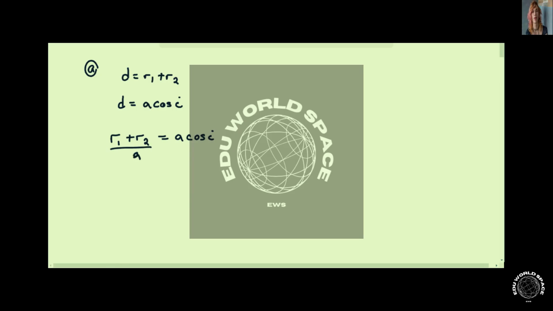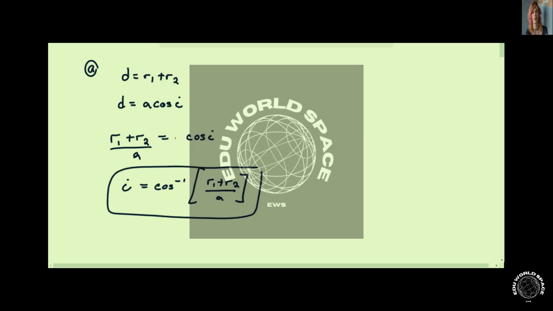And really what we want is the I, the angle of inclination. So we would have I equals cosine inverse of R1 plus R2 over A. And that is the smallest angle of inclination.